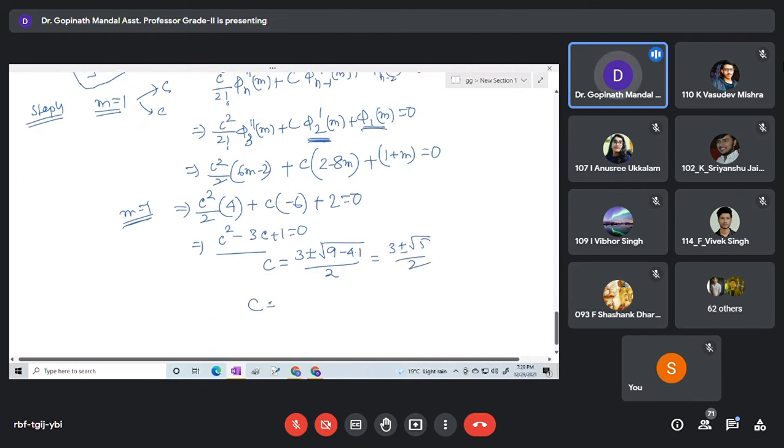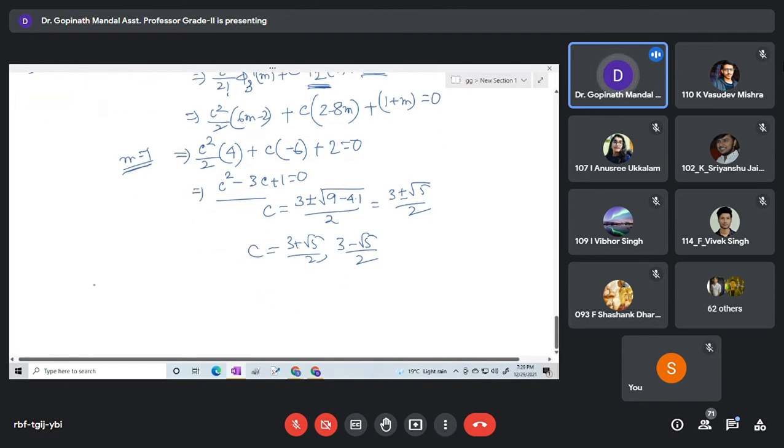So one value of c is (3 plus root 5) by 2 and another is (3 minus root 5) by 2. So the asymptotes y equal to mx plus c are y equal to x plus (3 plus root 5) by 2 and y equal to x plus (3 minus root 5) by 2. So we get our three oblique asymptotes.